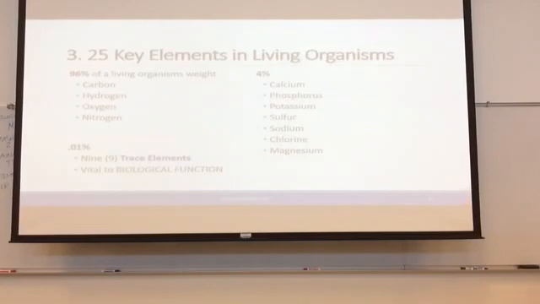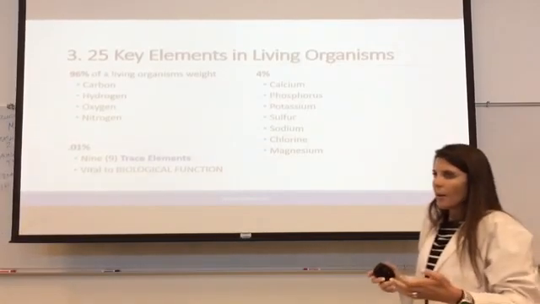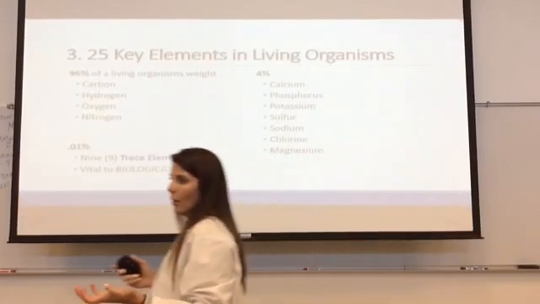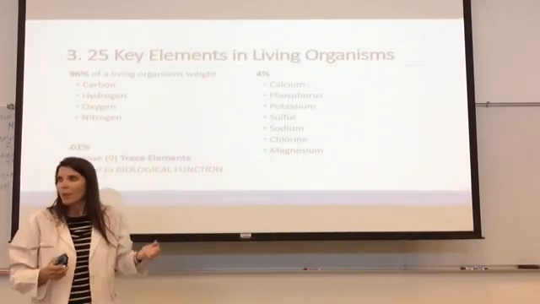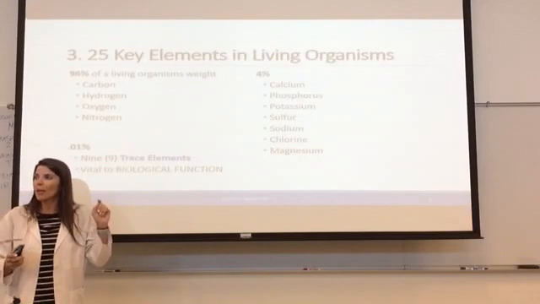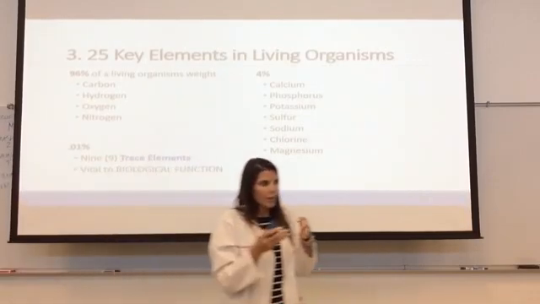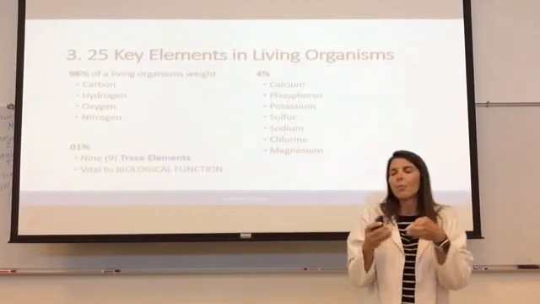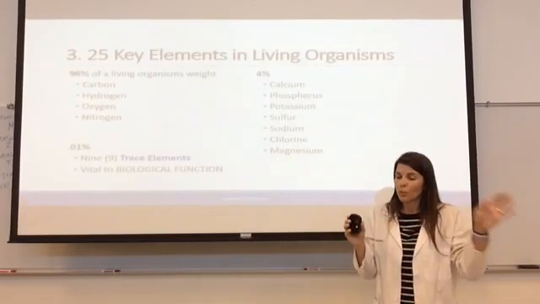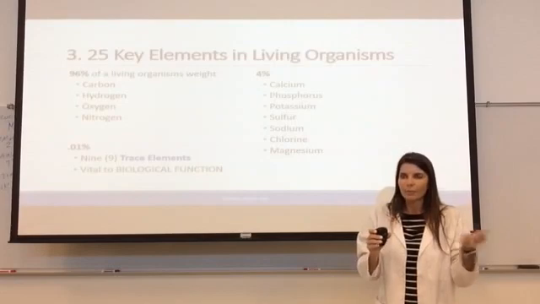All right? So when we look at all of these elements that are required to carry out metabolic functions, we consider that in order to be alive, you have to be a bunch of elements that have come together to create molecules, compounds, organelles, which we will study next, and then a cell.